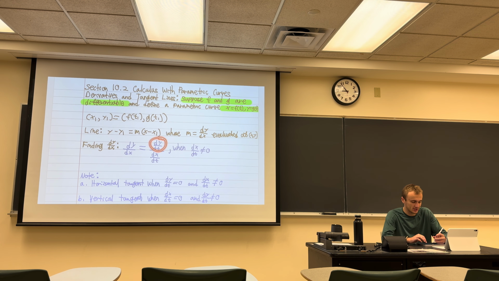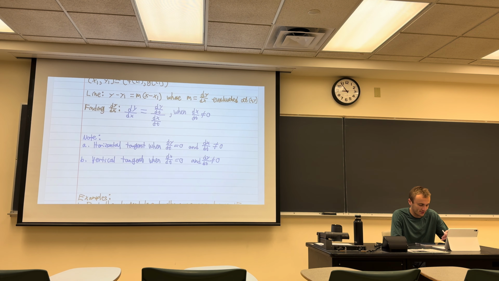So it's just a fraction of derivatives, dy/dt and then dx/dt. The only condition here is that dx/dt cannot equal 0, because if it does, you have a divide by 0 error, and that doesn't work. So that's our only condition.